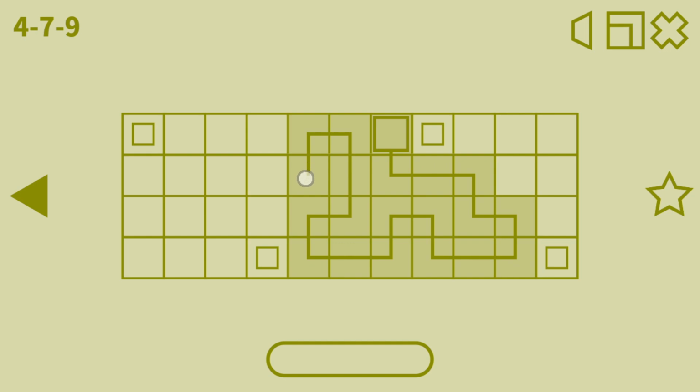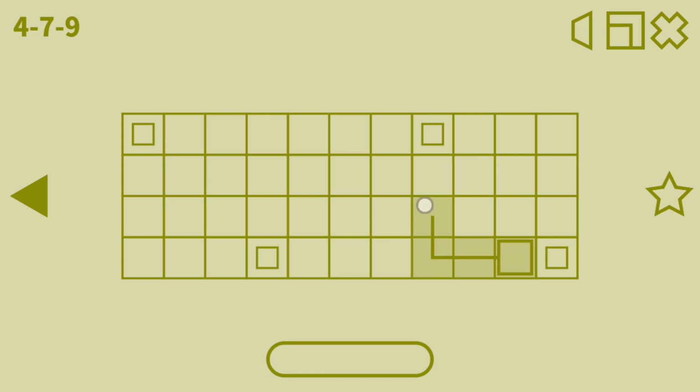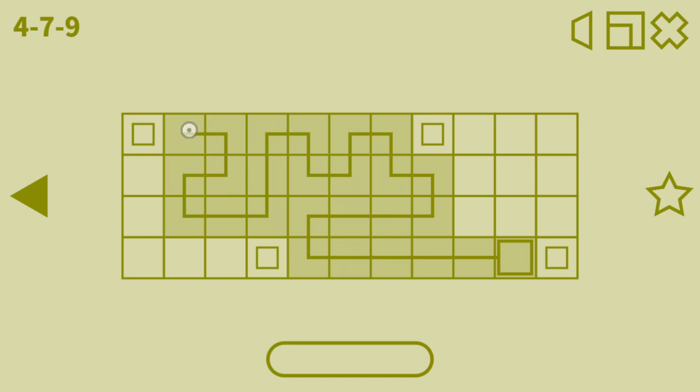I mean, maybe there can be overlap, I suppose. So it's like this? No. What do we got wrong here? What if you instead do this?